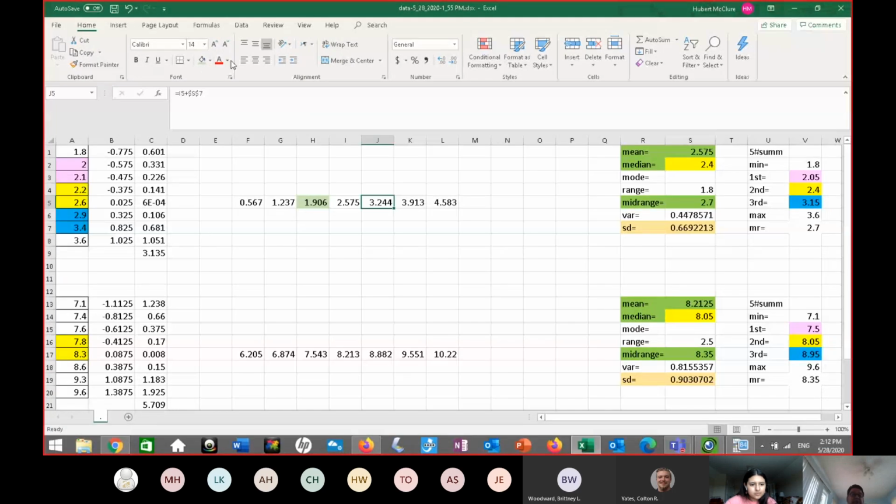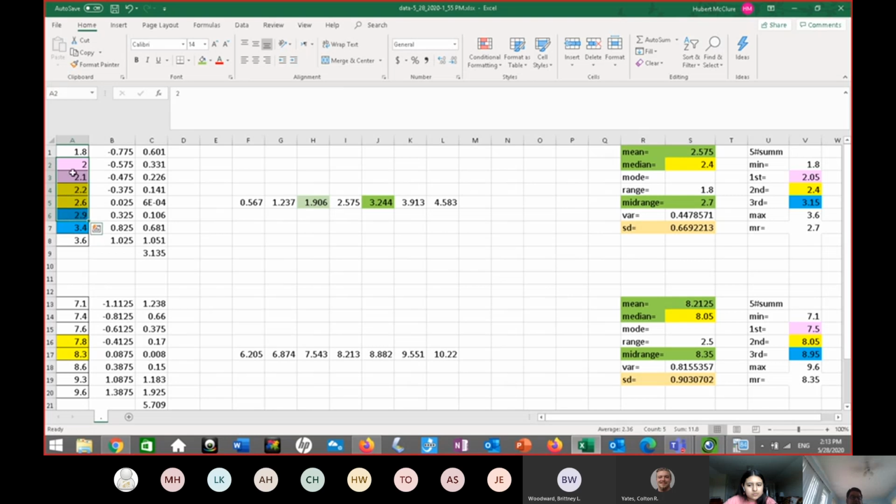And that would be 68%. But I don't think they're asking that. They may be asking how many are actual? 1.9 to 3.2. How many is that?